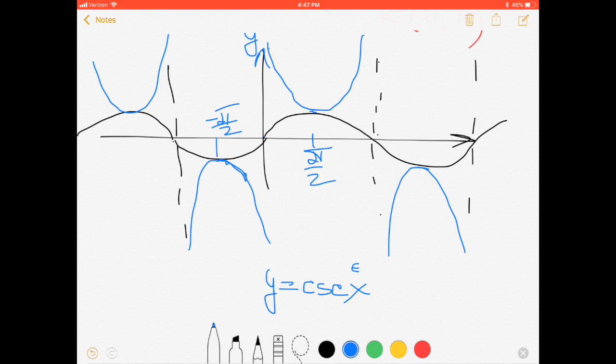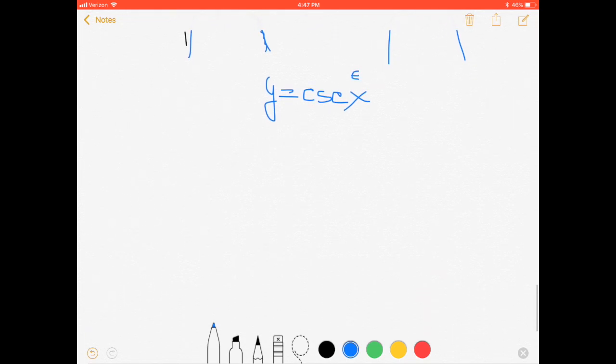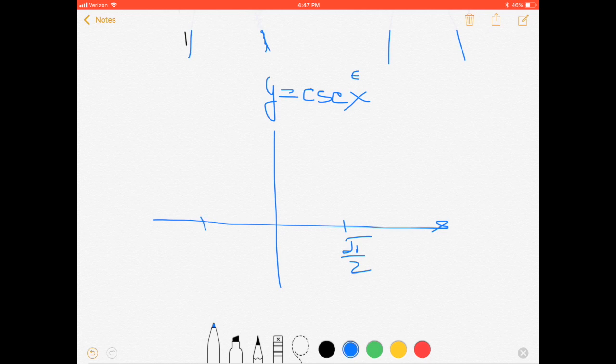This means we take some part of here and part of there. Move there. This means I have something. Let's go. This is pi over 2. This is negative pi over 2. Here will be 1. And this will be negative 1.